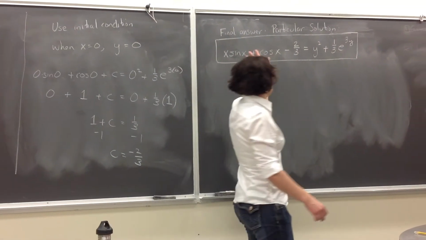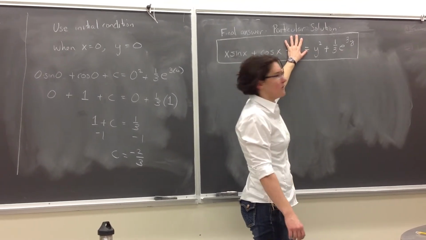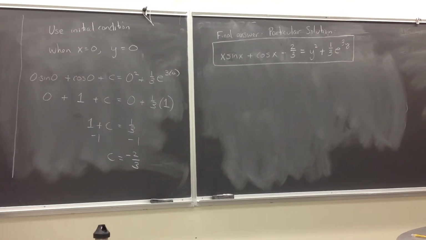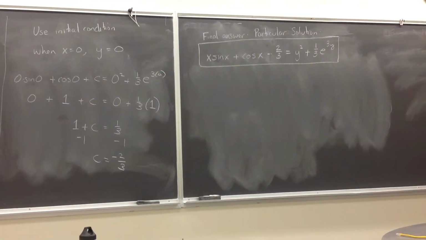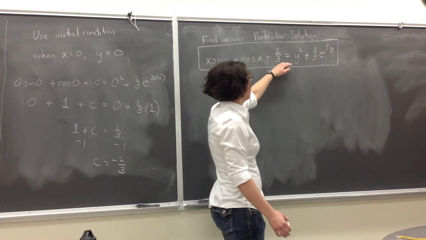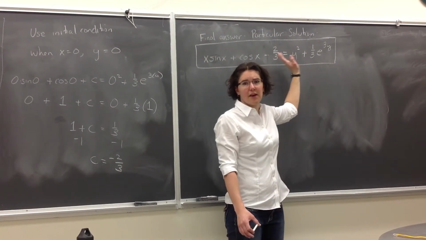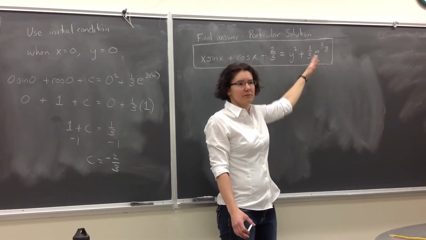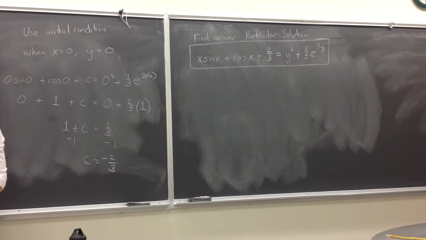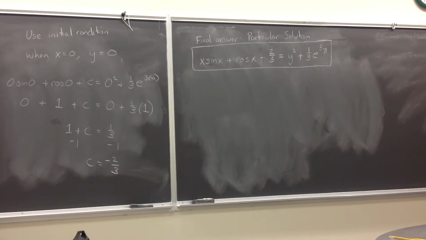And then over here you'd have all this without the minus 2/3. That would be absolutely fine as well. Whether you have plus 2/3 on this side rather than minus on the left, it is an equivalent equation. Matt, you have a question? Actually, I figured it out. You got it? Okay, great.